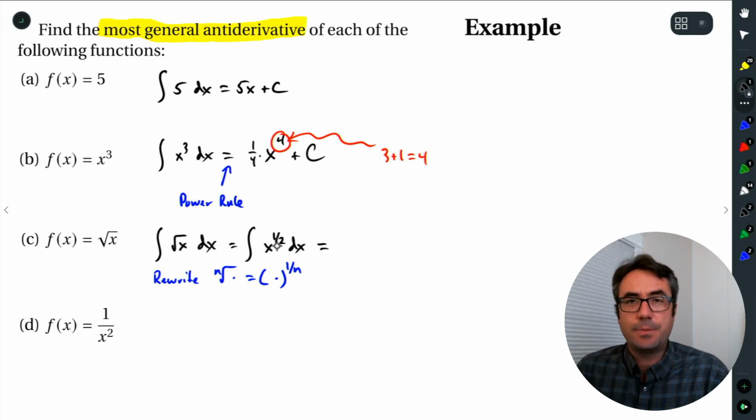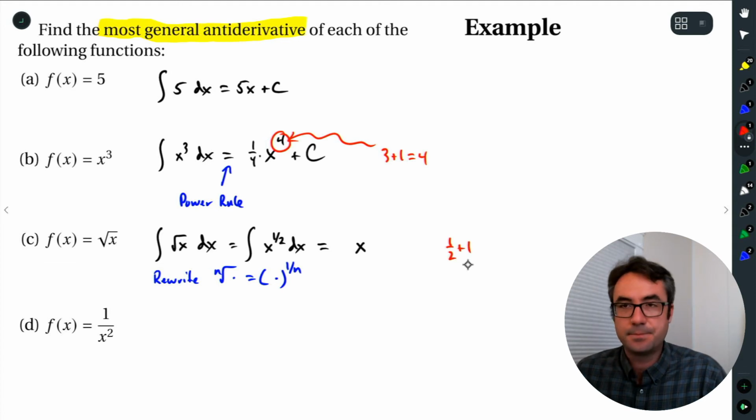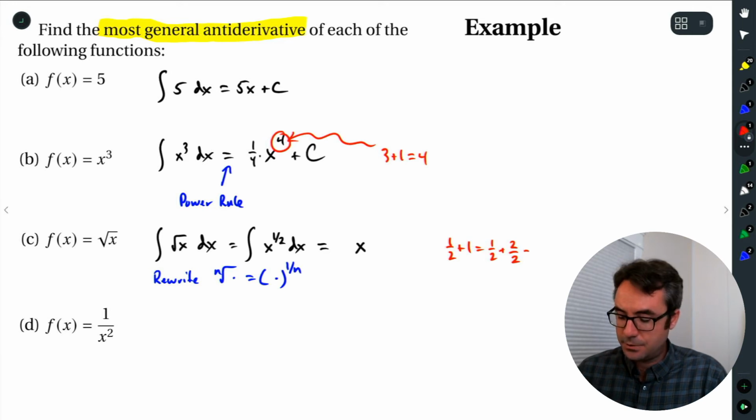And now we actually do the power rule. Our variable is x. We add 1 to the exponent. Especially with fractions, you might want to show a little bit of this off to the side. If our original exponent is 1/2, let's add 1. If we're adding 1, we could write that as 2 over 2, so we have a common denominator. Then if we combine those and do the arithmetic, we end up with 3 over 2. So 3 over 2 is going to be our new exponent.